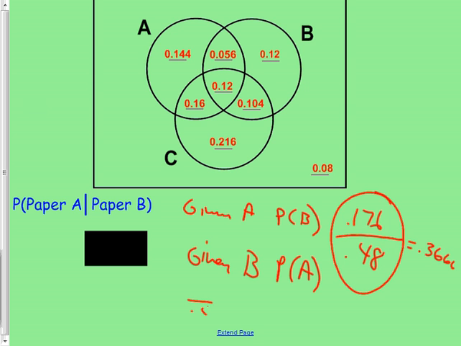I agree with you. And then for the top is paper A, given it's paper B, which is the only one we can pick from. I'm crossing all these off to make sure I don't by accident use one. If we're given that it's B, then paper A is these two.